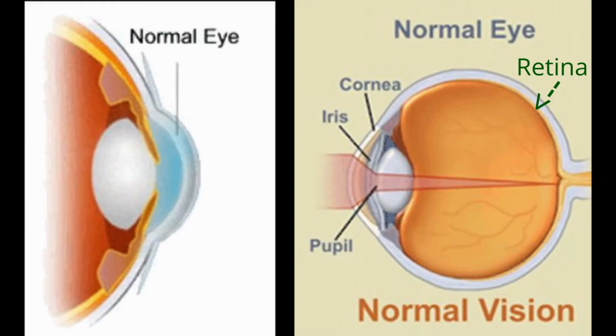To better understand what astigmatism is, we have to take a look at the cornea of the eye, which is the front surface of the eye. The cornea helps bend light to the back surface of the eye, which is the retina. So if your cornea is perfectly shaped and even, light will bend evenly to the retina and it will focus at one point on the retina.